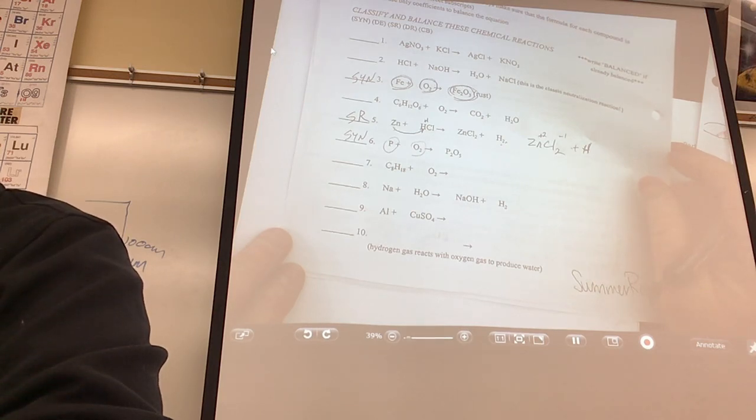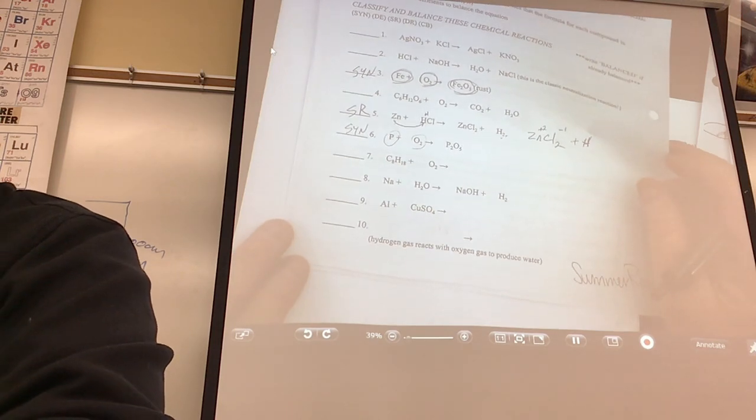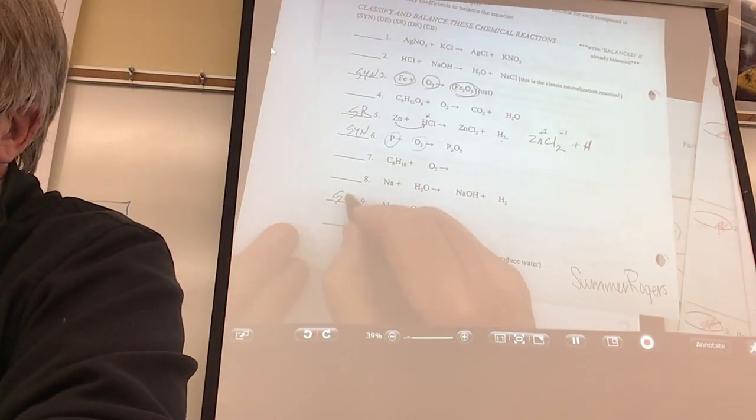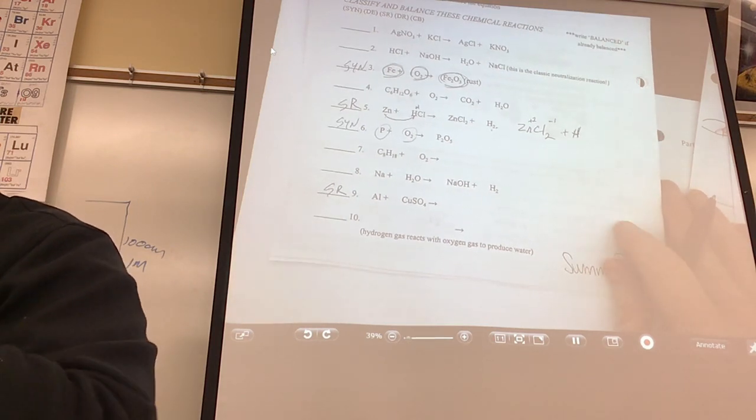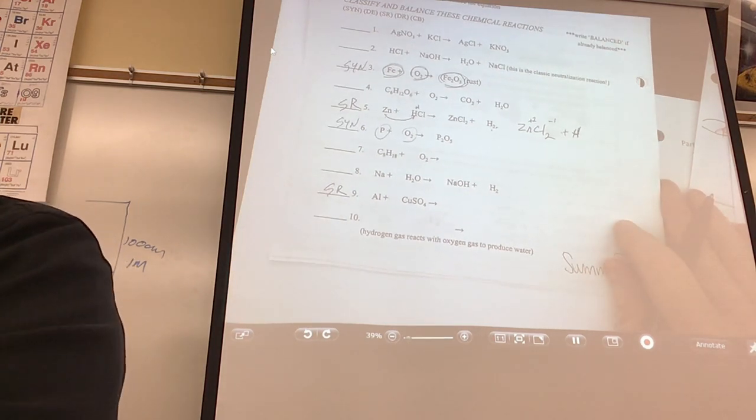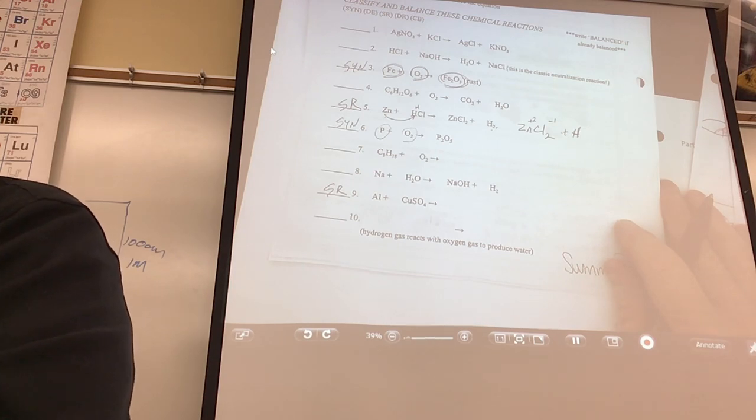All right, I'm going to show you a trick, okay? First of all, this one is. Now, I want you to try it. I'm going to tell you that number 9 is singular replacement. Now, you make it happen. What are you going to write on the right side of the arrow?